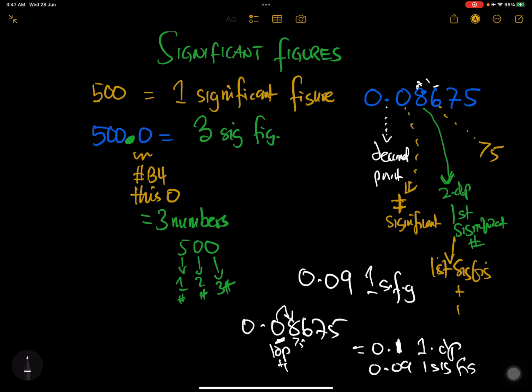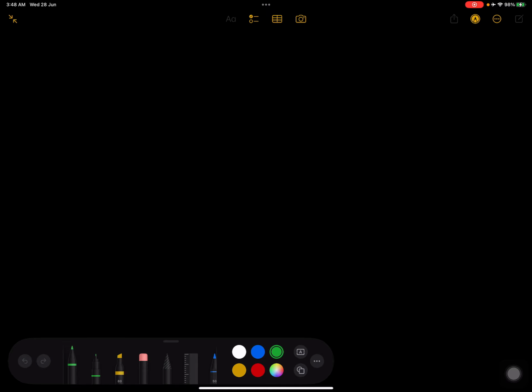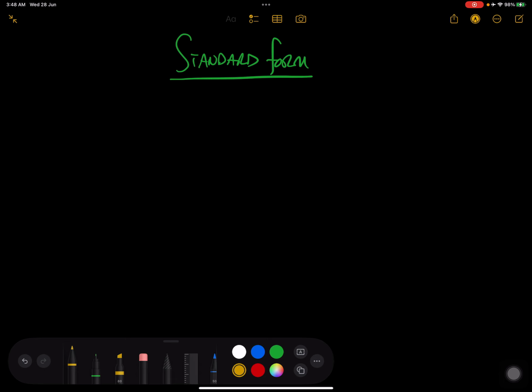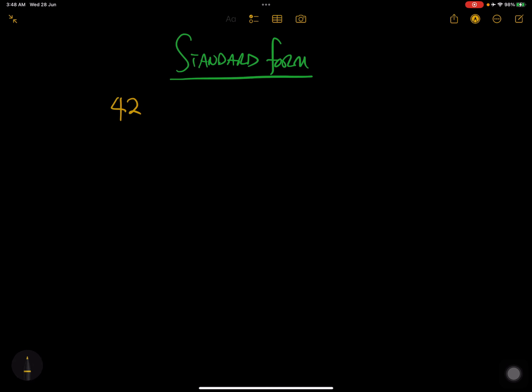Now, let's look at standard form. Let's quickly look at standard form, and then maybe do a question on BODMAS. So let's say we have 42, and we want to write this in standard form.